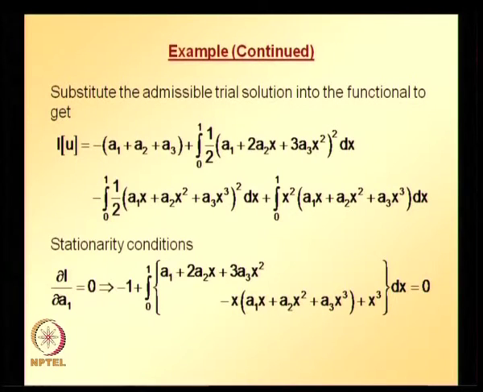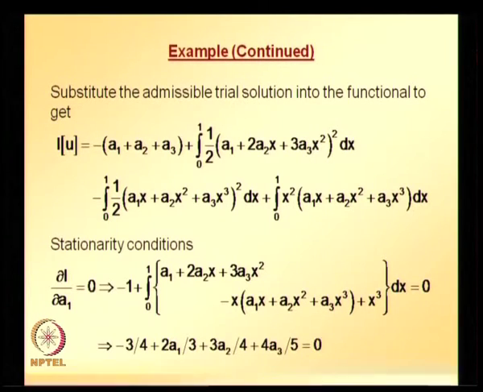We have this equivalent functional, and variation of I is equal to 0 is satisfied if each of these conditions holds: the partial derivative of I with respect to a1 is equal to 0, with respect to a2 is equal to 0, and with respect to a3 is equal to 0. Here the first condition is applied, we get one equation, and this results in this equation.